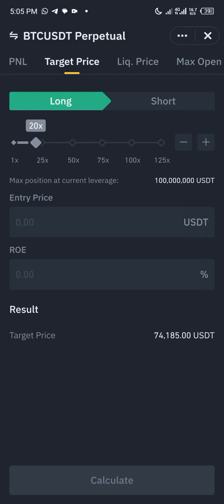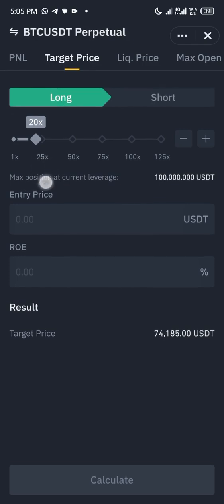So how do you now know when it is needed for you to take your profits from the particular market you are trading? And for this tutorial, we are trading BTC USDT now. So the entry price here is the price I want to enter into Bitcoin, right? You see that I'm in long position and I'm using 20x leverage.